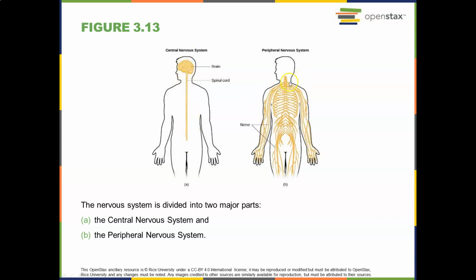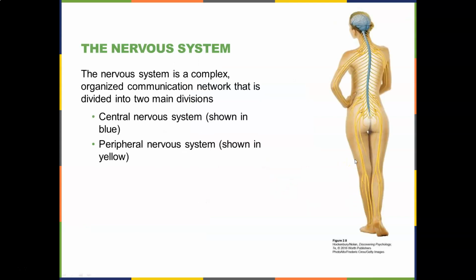The peripheral nervous system is everything else, basically. That is all the nerves that come from the spine and go into our limbs. You can see it going through the arms, the fingers, and all throughout the back, going down into the legs. That is called the peripheral nervous system.